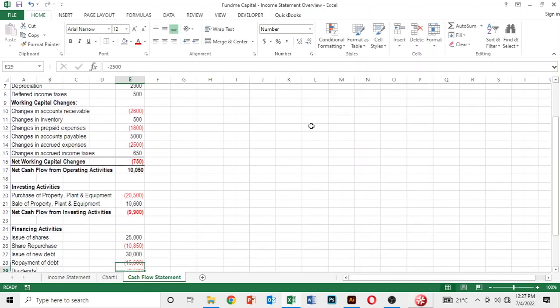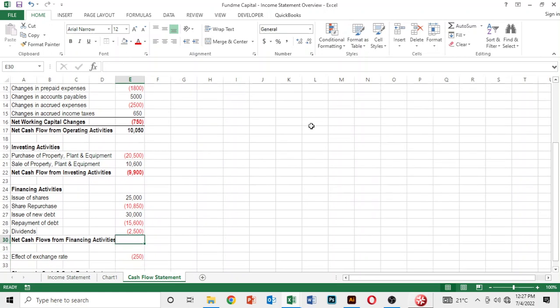Right, and then let's proceed to the financing activity. This is the section that shows us how the company is raising its cash and how it is using that cash. Here we are seeing that the company has issued, in other words sold, more shares to investors, and that's also a form of capital raising. That's why we see that as a positive.